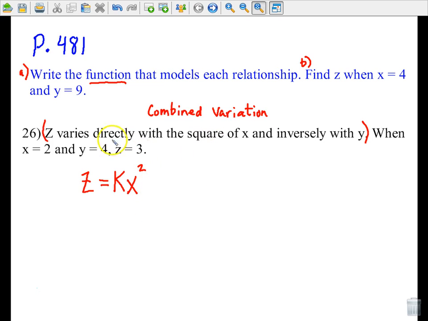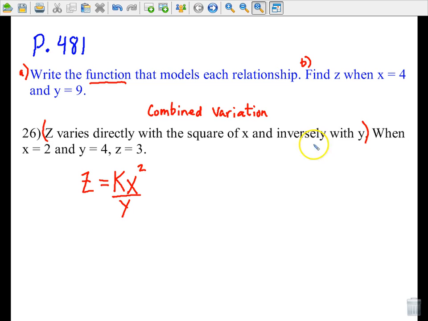It's also varying inversely with y, and inverse variation implies division. Remember, we were looking at y equals k over x before. Inverse variation has division, and direct variation multiplication.